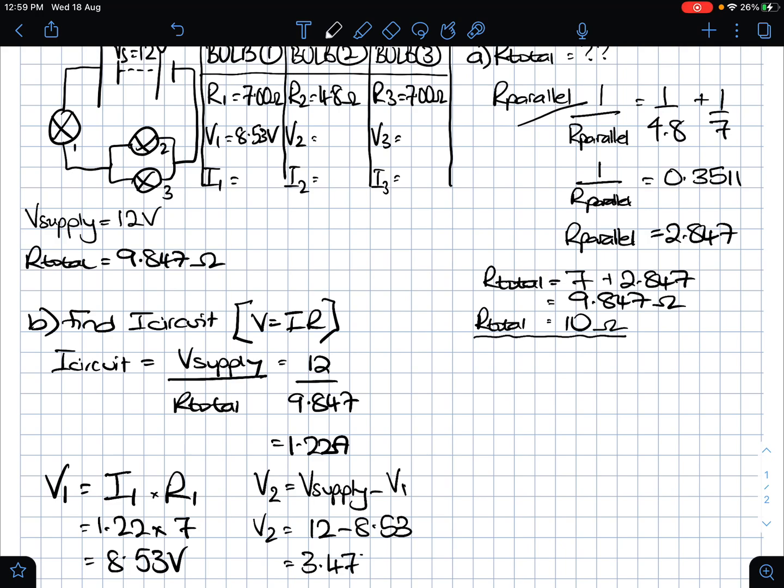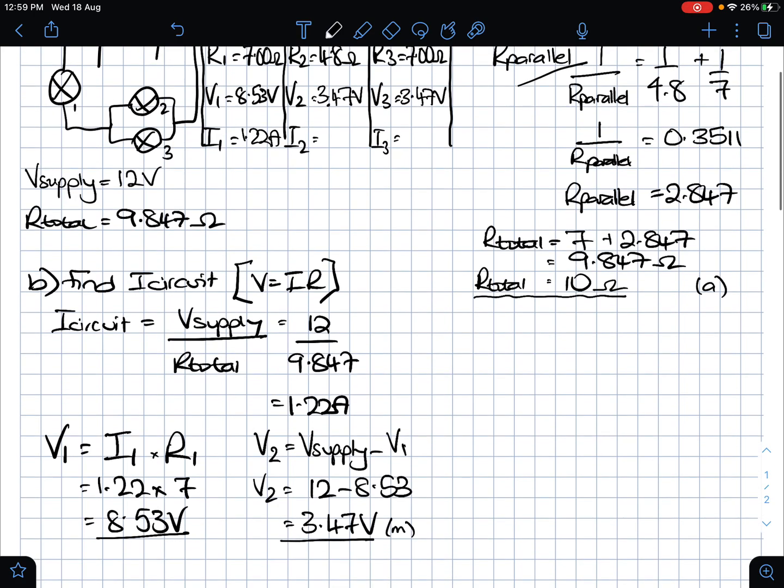And that will be the same for bulbs 2 and 3 because in parallel each branch gets the same. Okay, that's part B done. There are your two answers there, and that is worth merit if you get both of them right, or achieved if you get one of them right. The answer to A was achieved.